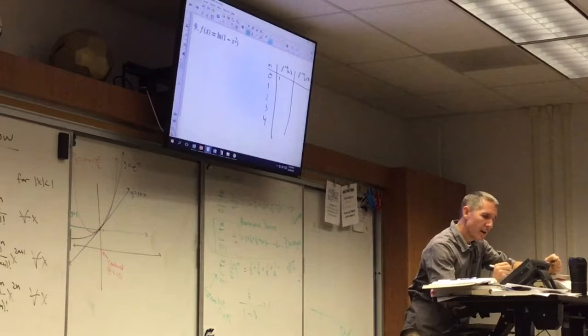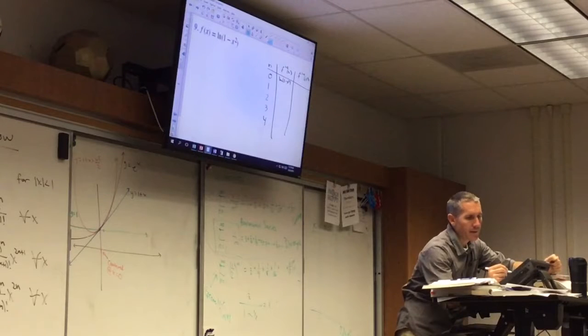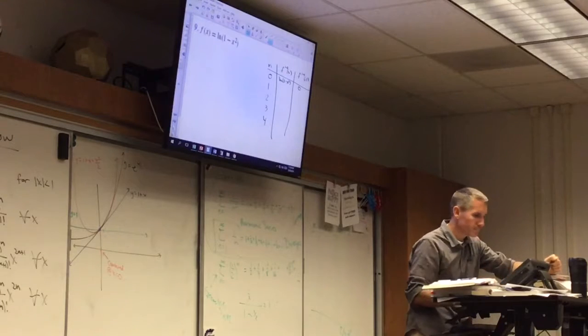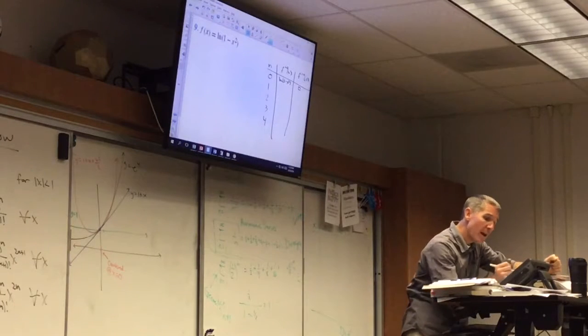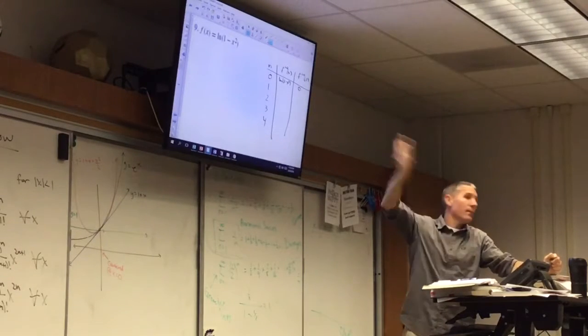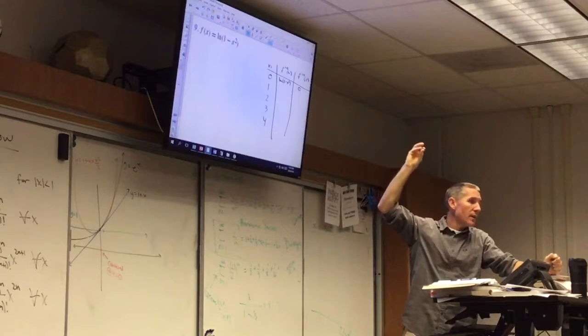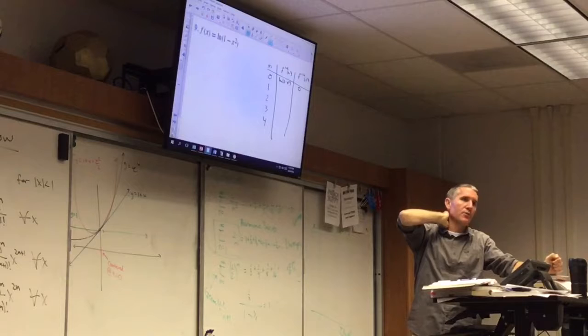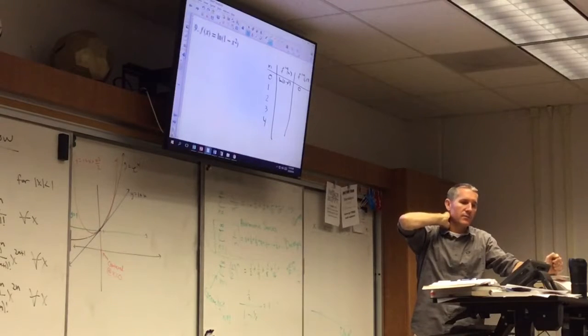So here we have ln of 1 minus x squared. And that evaluated at 0 is just ln of 1, which is just what? 0. So then every n after 0, the ln is gone, and we're only going to be left with a rational expression for the nth derivative of f of x.